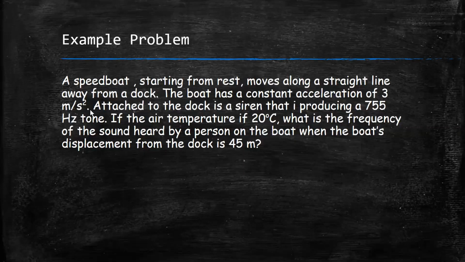Okay, for our second example problem, a speedboat starting from rest moves along a straight line away from a dock. The boat has a constant acceleration of 3 meters per second squared. Attached to the dock is a siren that is producing a 755 Hz tone. If the air temperature is 20 degrees Celsius, what is the frequency of the sound heard by a person on the boat when the boat's displacement from the dock is 45 meters?